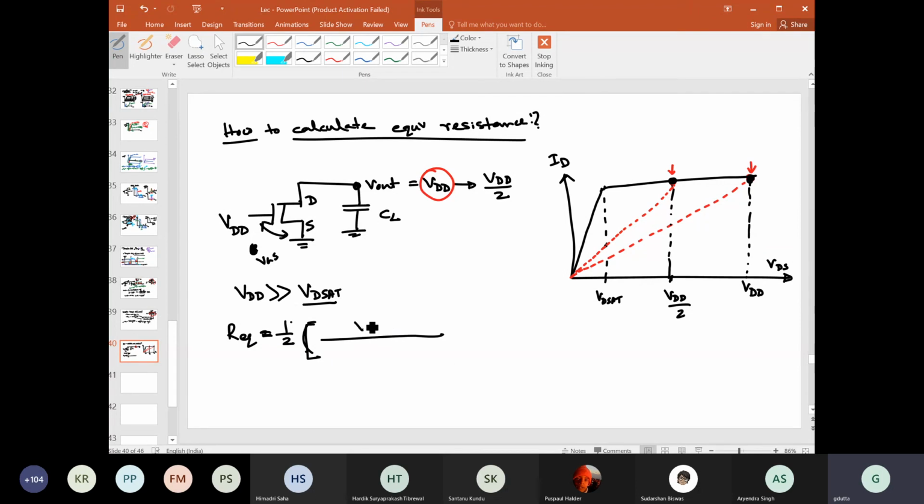What will be the slope of this? It is VDD over ID sat, this point, into 1 plus lambda VDS. You remember this current equation can also be given as ID sat into 1 plus lambda VDS if ID has some dependence on VDS, that lambda part.